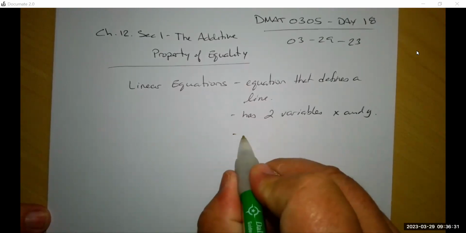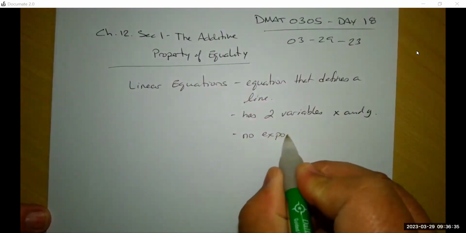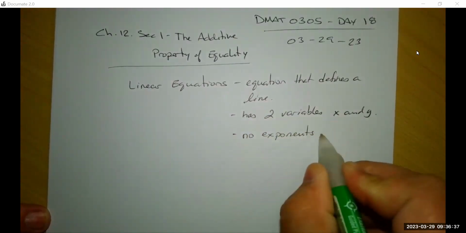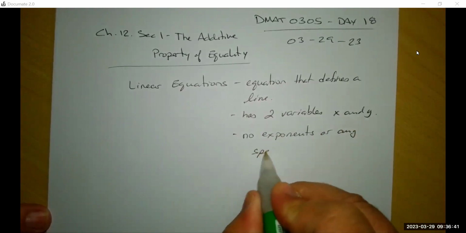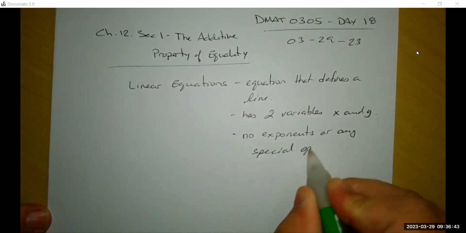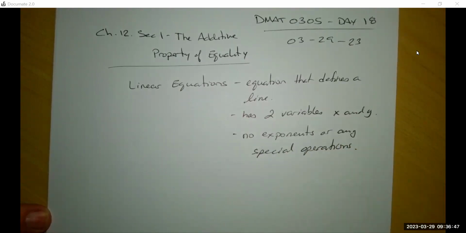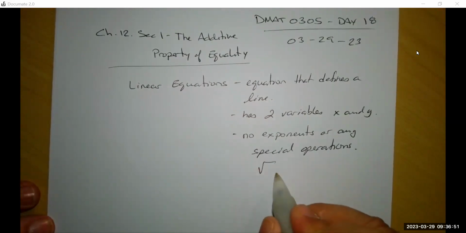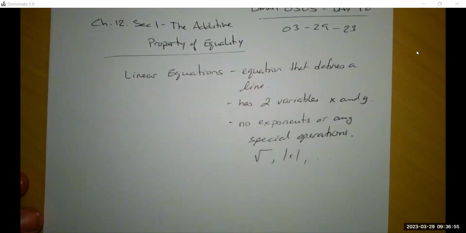More so, there are no exponents or any special operations. By special operations, I mean no square roots, no absolute values, no any of that stuff.